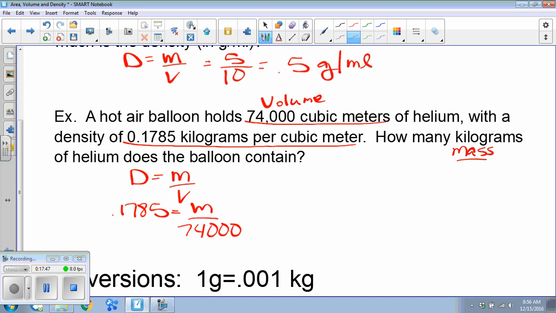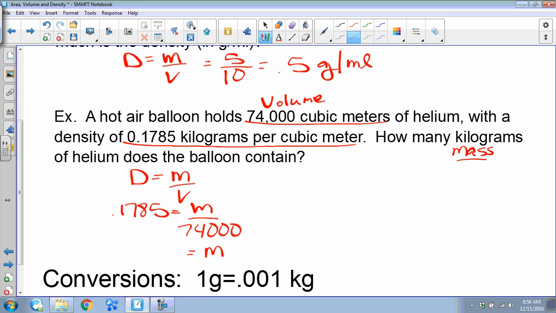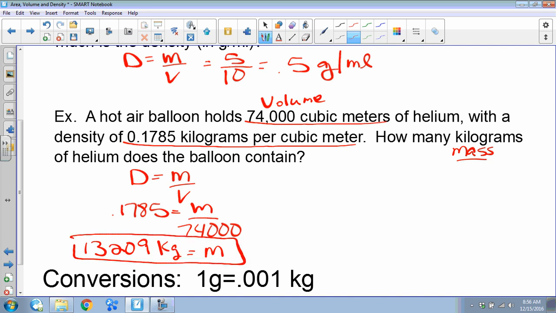You just multiply those two together, and you get the mass is 13,209 kilograms. They asked you in kilograms, and your units were already kilograms, so you're good.